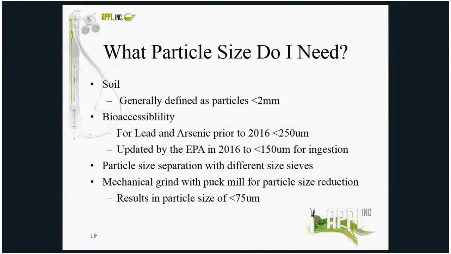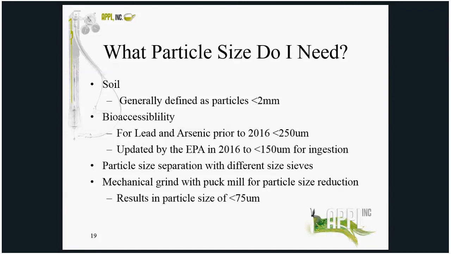So you want to use only the particle sizes that are this big to begin with. You don't want to grind, and you want to make sure that you use a large enough sample mass to reduce the fundamental error to an acceptable level for the analytical method that you're going to be performing.